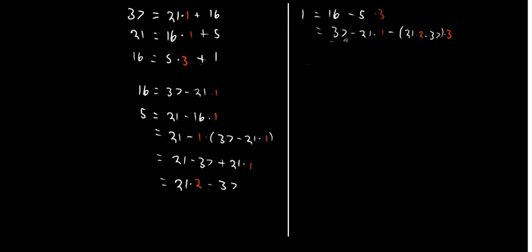Okay. Next thing I'm going to do is say this is then equal to 37 minus 21 by 1 there, minus, then we're going to have this times that, 3 times 2 is 6, so we're going to have 21 by 6 there. Then it will be 37 by 3, so let me just put the 3 here.